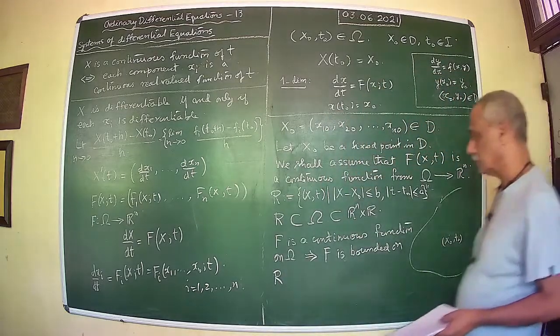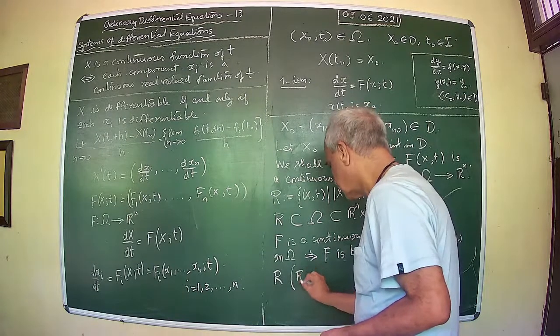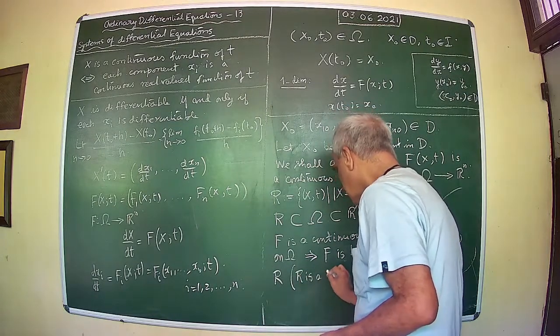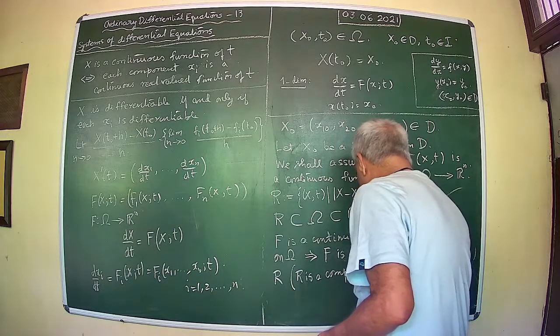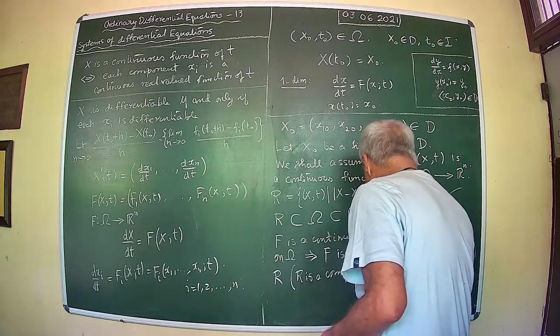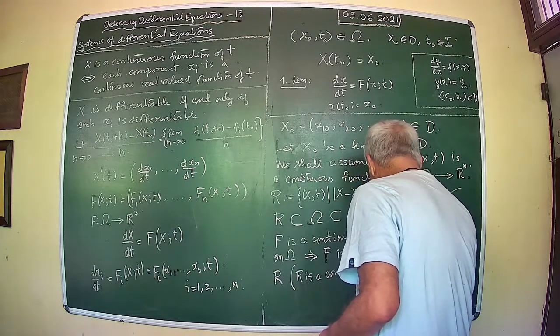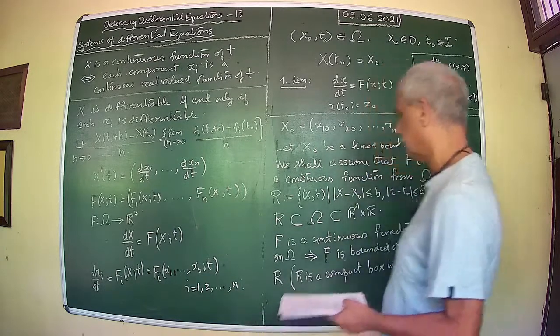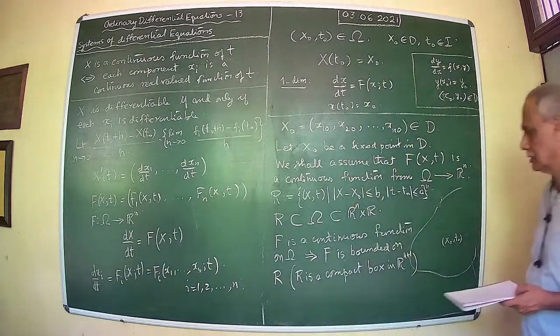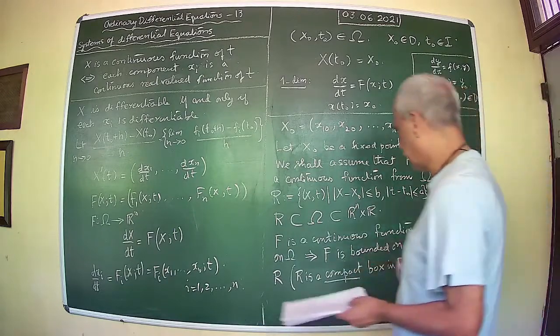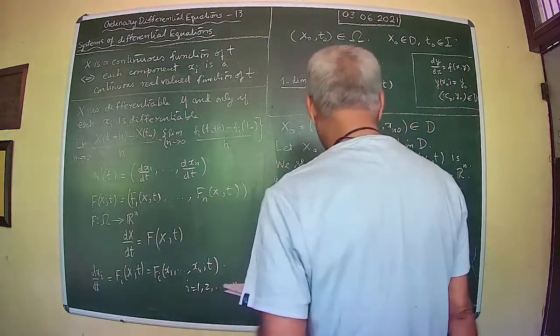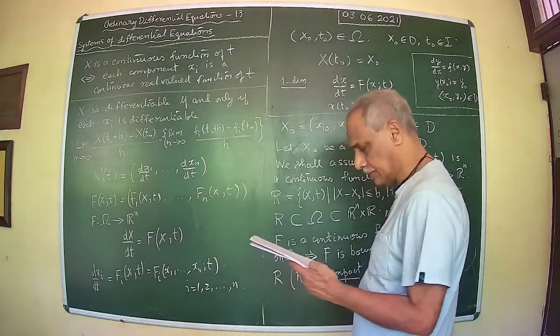This is the reason: it is this compactness essentially, it is closed and bounded, therefore F is a bounded function on that.